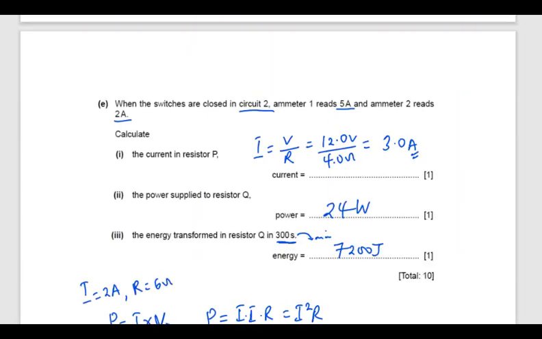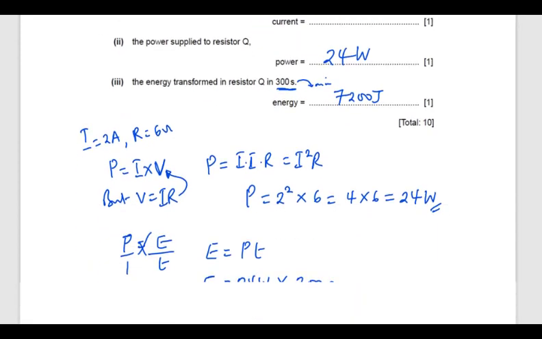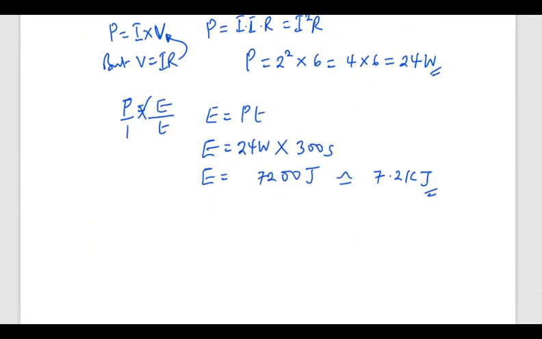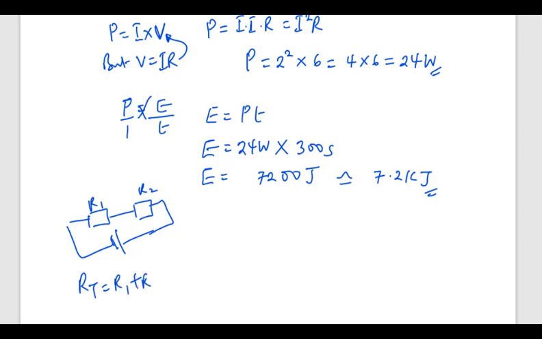And lastly, if you have resistors R1, R2 connected in series, and you have to find their combined resistance, because they are connected in series, just add all the resistances that you are given.